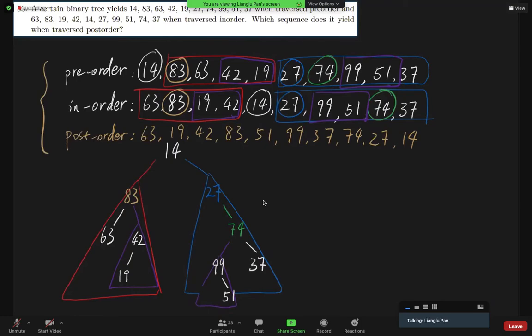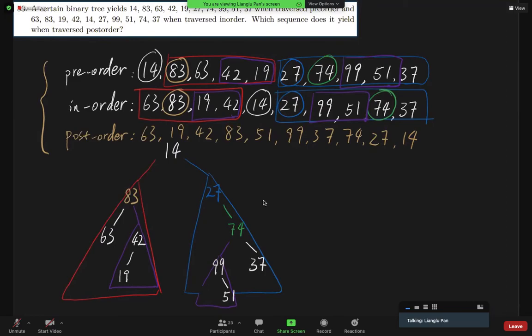Because it looks like if we are given pre-order and in-order traversal sequence, we can always construct the original tree. Because pre-order traversal always gives us the root node, which also splits the in-order traversal sequence into 2 halves, and then we can recursively solve these 2 subtrees until we have the entire tree constructed.